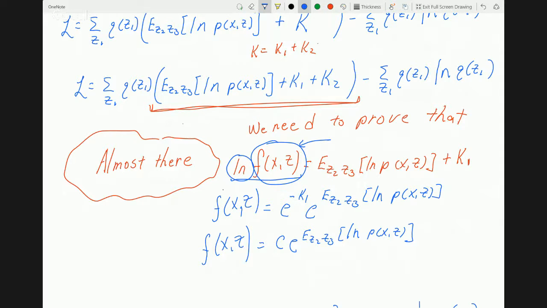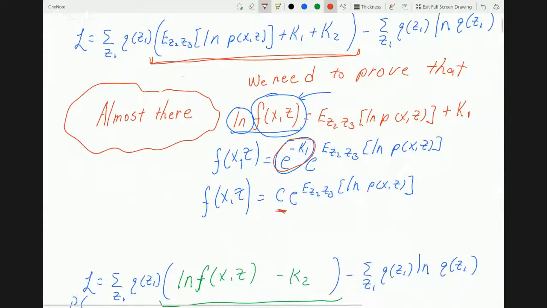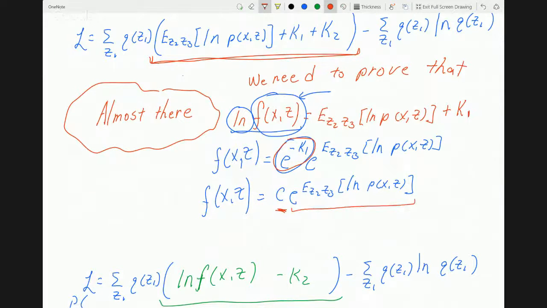Now it's the exponential of the expectation of log of p of x. This part here is just a constant. We'll call it c. Over here is some function.